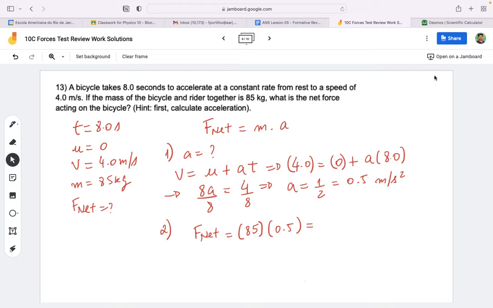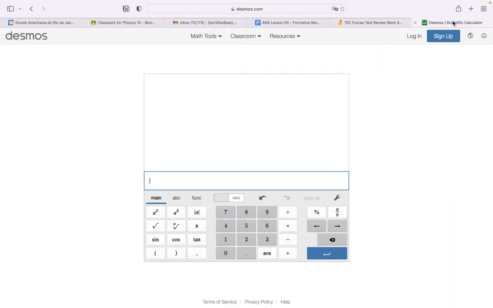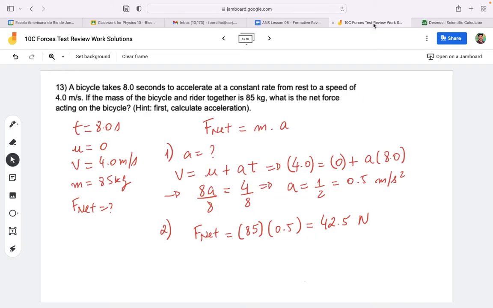Calculating this, 85 times 0.5 gives 42.5 newtons. So net force equals 42.5 newtons. It is important to highlight the final answer and make sure that you use the correct unit.